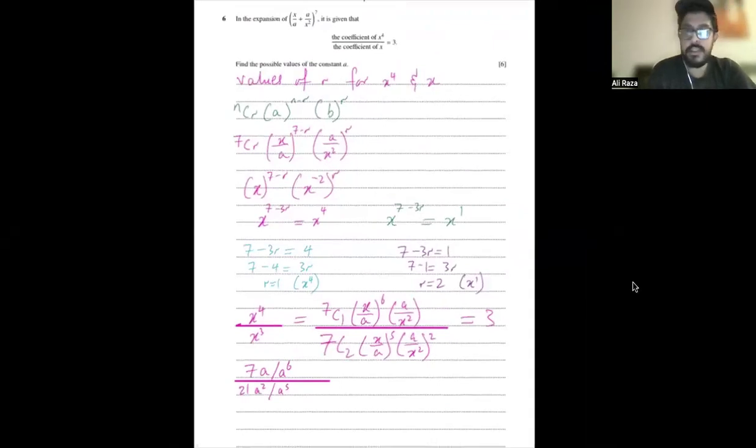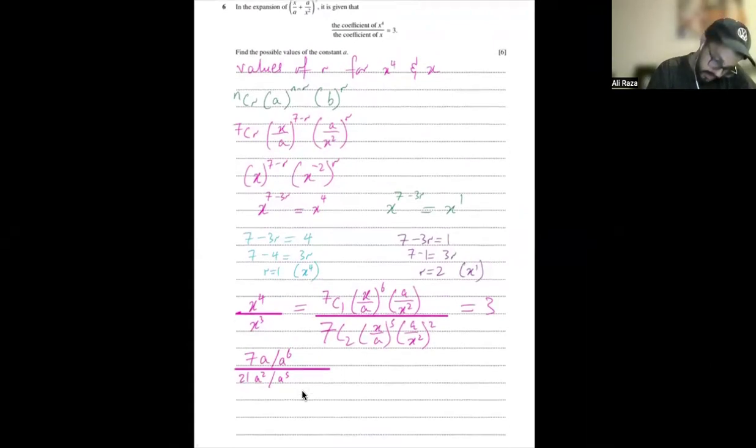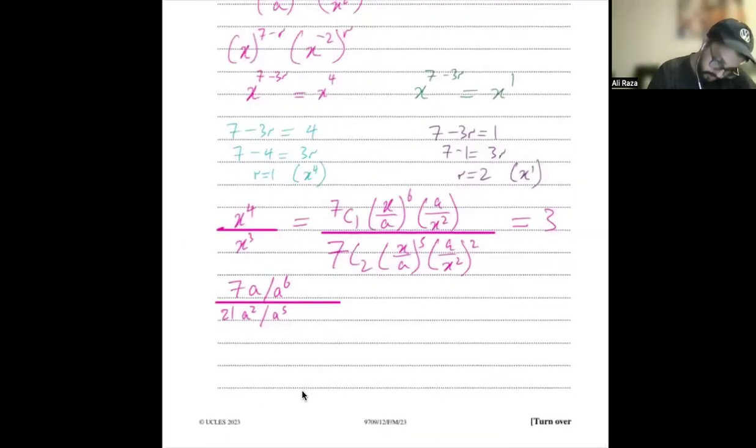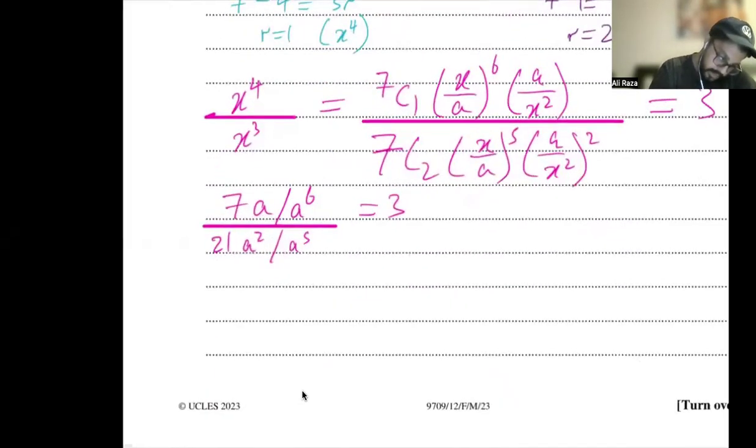Now, since this ratio was for the coefficients, I've ignored the variables x power 4 and x power 1 over here, and we'll just deal in the coefficients and equate them to 3. When I solve this, I'll get 7 upon a power 5 divided by 21 upon a power cube is equal to 3.